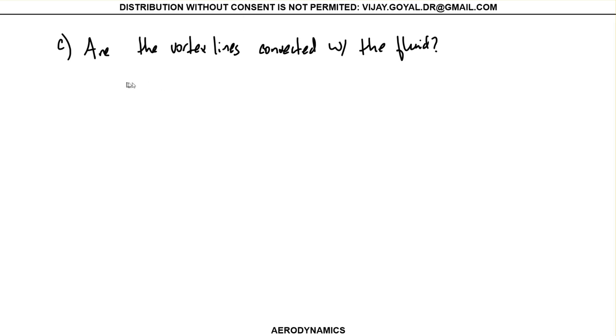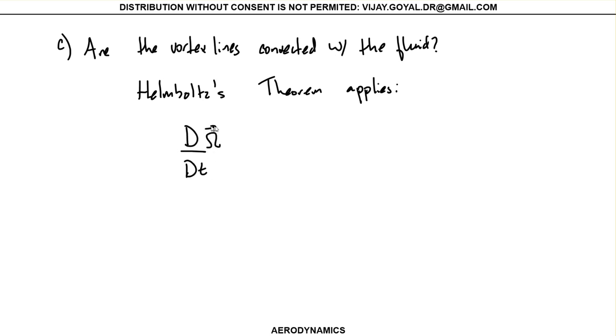We know they're convected with the fluid if Helmholtz theorem applies. Okay. Now, one of the consequences of that theorem basically states that this has to equal this v.